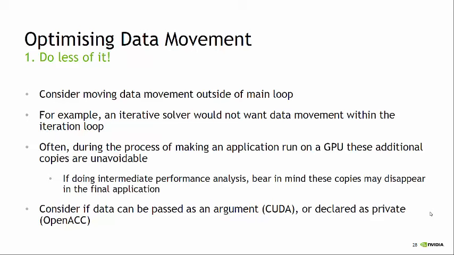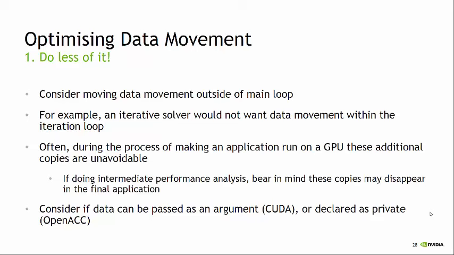So if you're doing intermediate performance analysis, before you've finished moving your entire time step loop onto the GPU, you're going to have these copies, and they're going to show up in the profile, and your application is going to go slower than once you have got the entire time step loop ported. If you're doing a performance study of an individual section of code, you should probably neglect the cost of the memory copies, because in the final application, your particular case study will not have those copies.